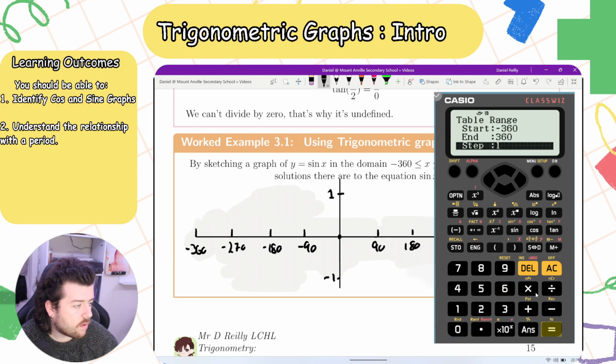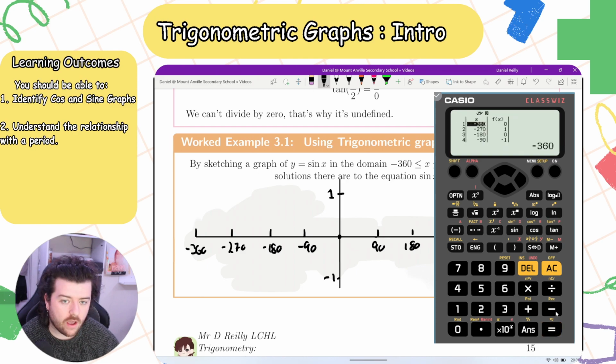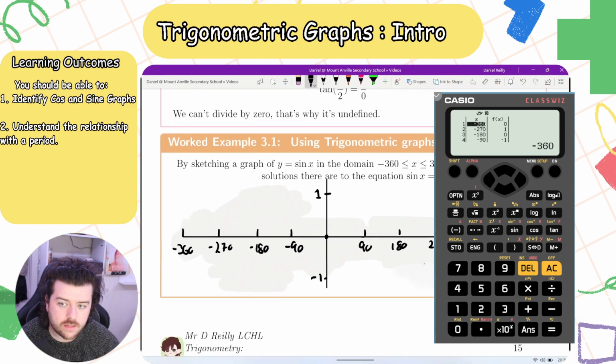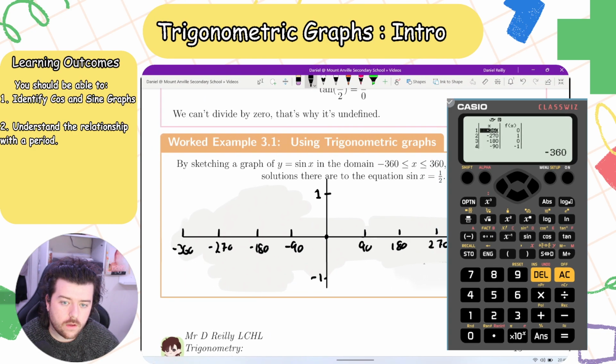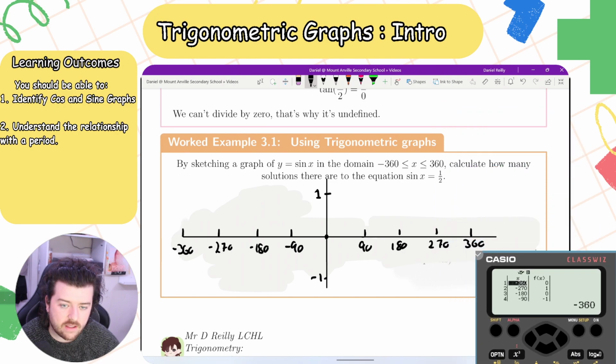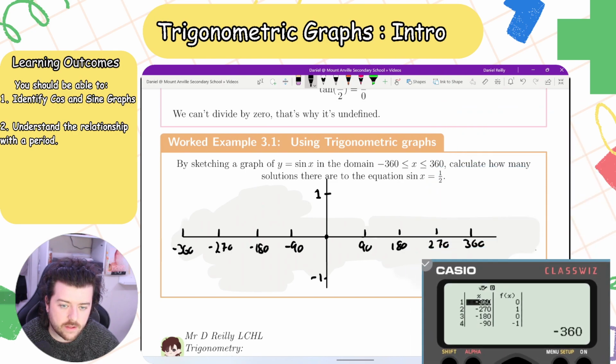Now this is really important, and it goes for any trig graph you're doing: always go up in steps of quarter periods. In this case, we're going up 90. And there we go. We have just got a bunch of values there. Let me put it in the corner here.